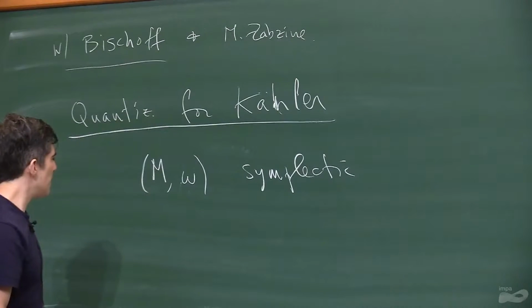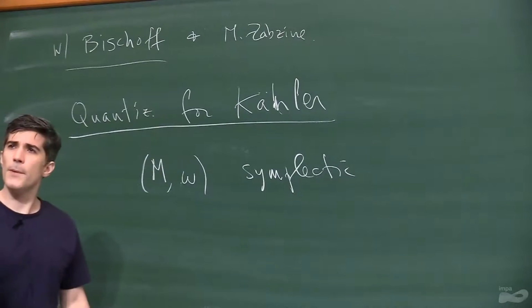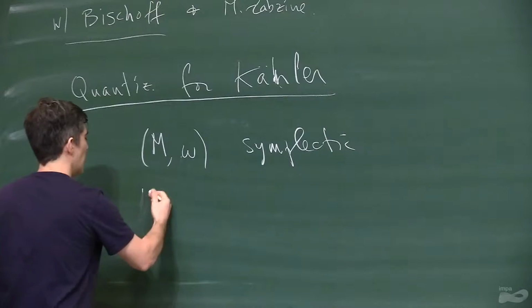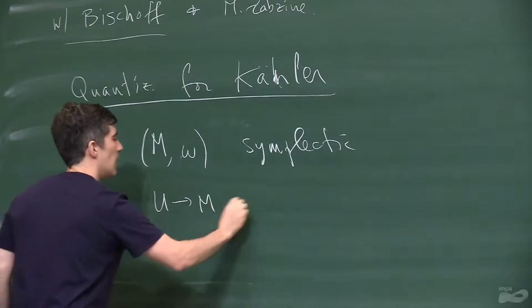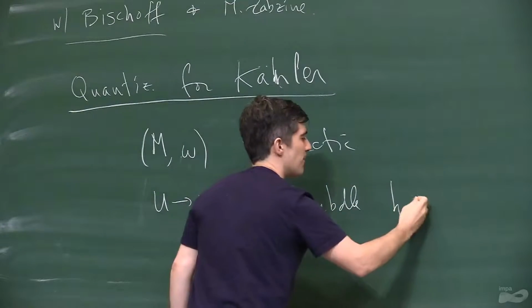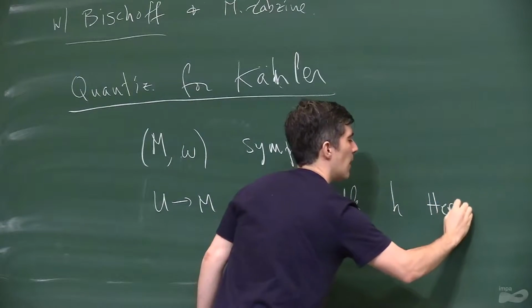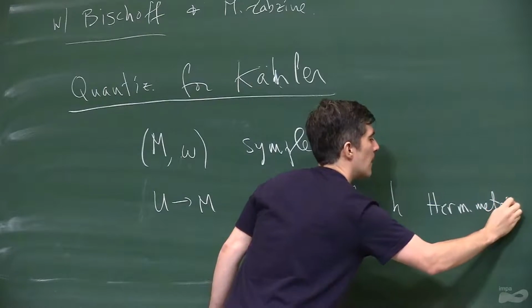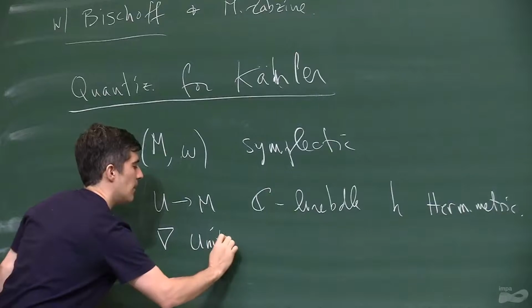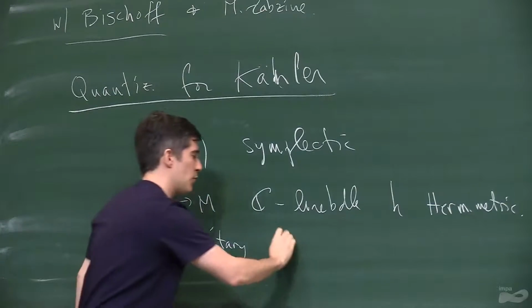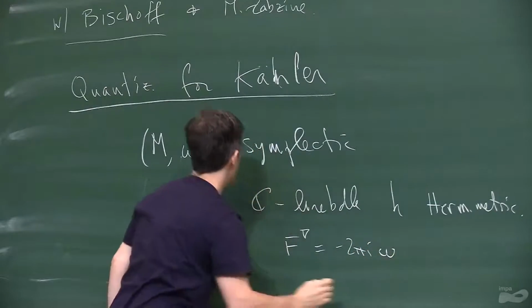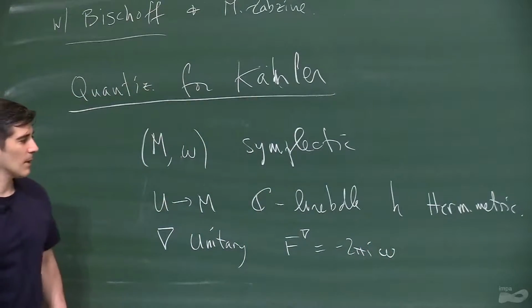Okay, and so the first step is pre-quantization, where we find L, or let me call it U, over M, a complex line bundle. You have a Hermitian metric, okay, and you have a unitary connection whose curvature is the symplectic form. Okay.